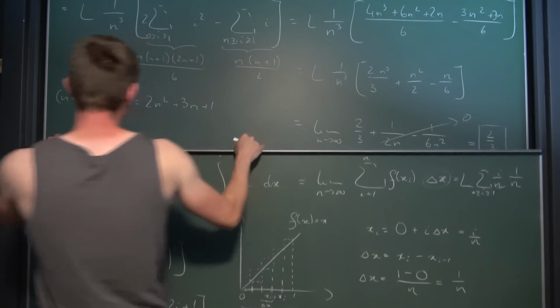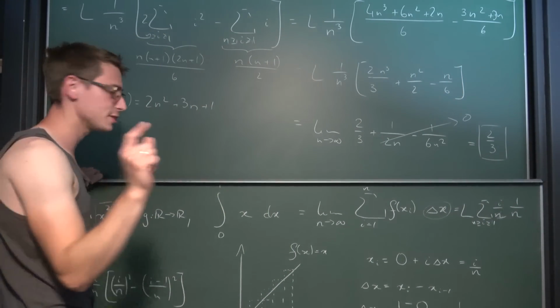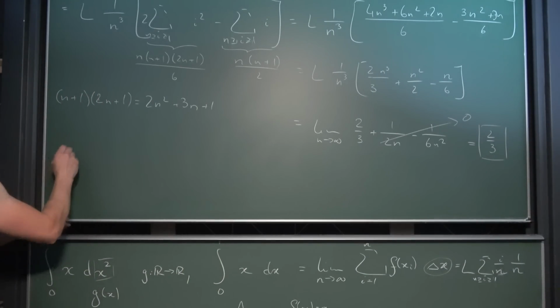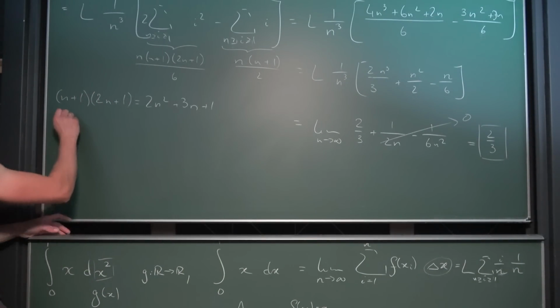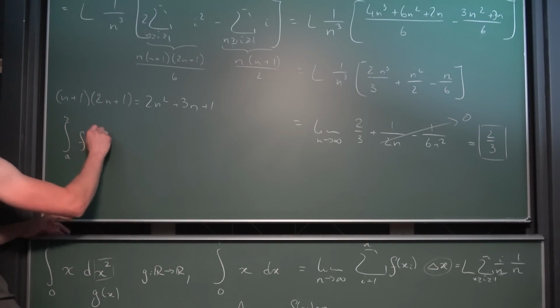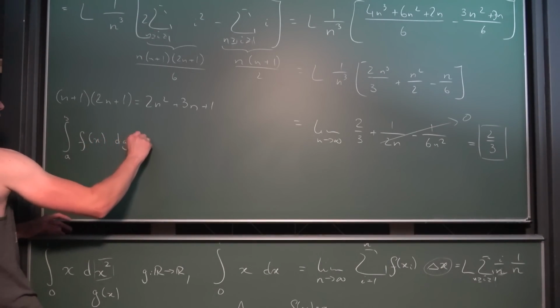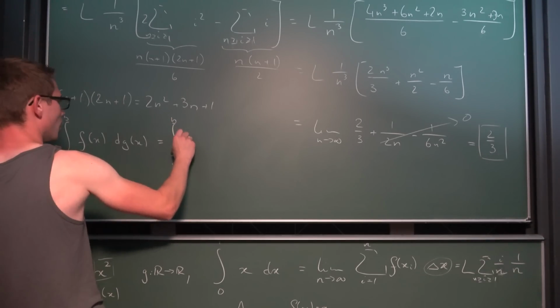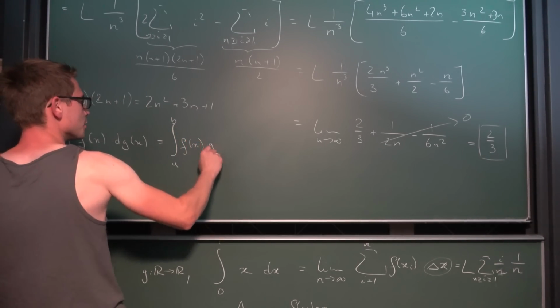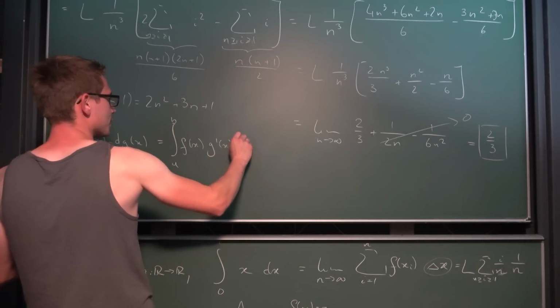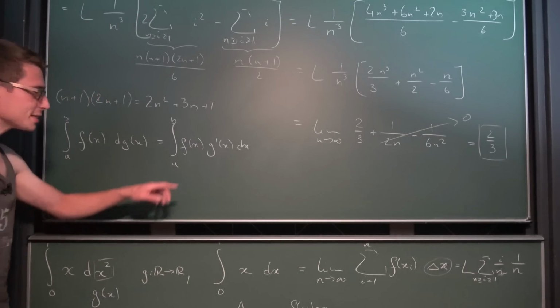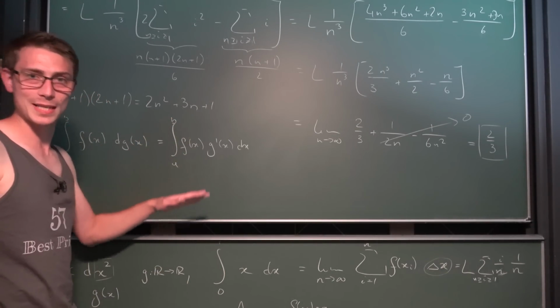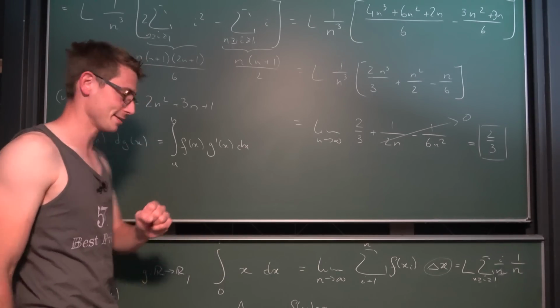If your function g of x is continuously differentiable, then you can turn the integral from a to b of f of x dg of x into the integral from a to b of f of x g prime of x dx. This right here is the magic formula for the Riemann-Stieltjes integral in the nicest case possible.